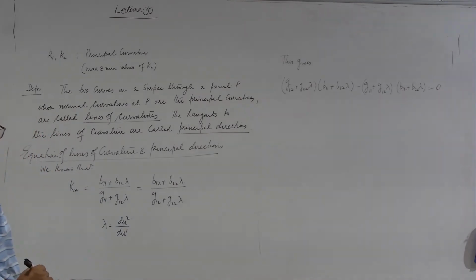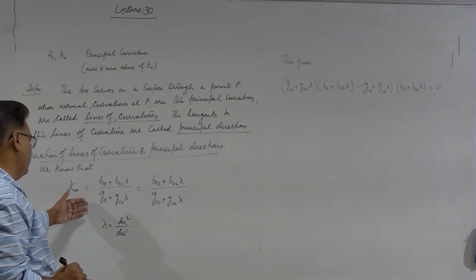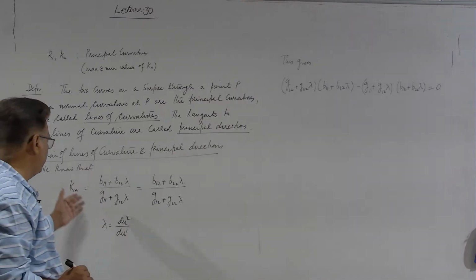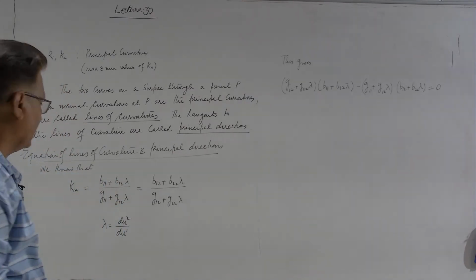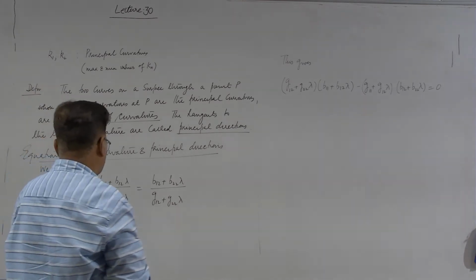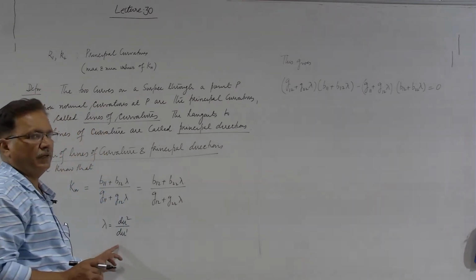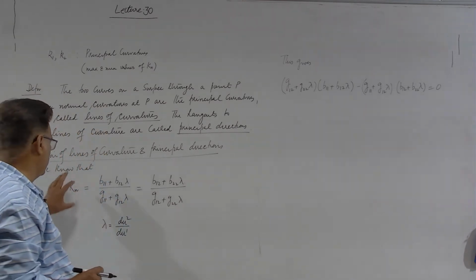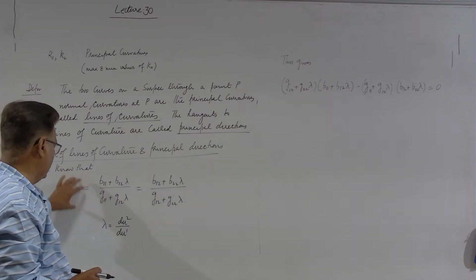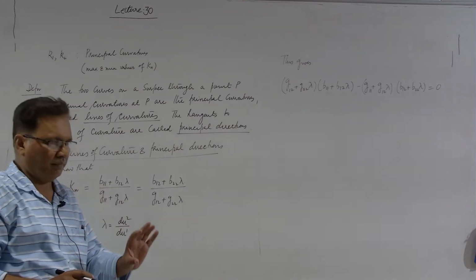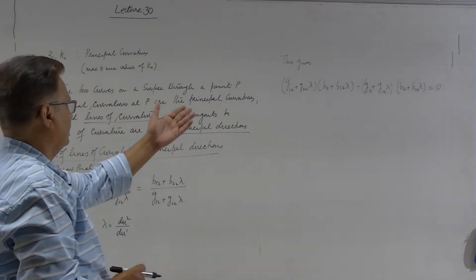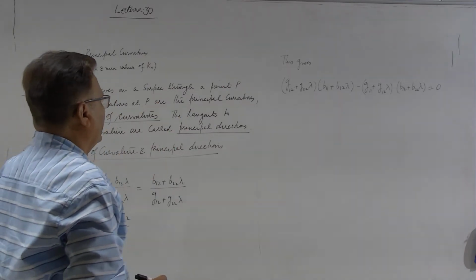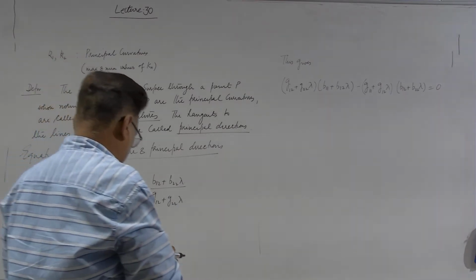And we arrive at this expression when we have assumed that the derivative of Kn with respect to lambda is 0. So, that means this direction is actually the principal direction. If you consider this expression of Kn, then lambda is actually a principal direction. All right. Now, if I simplify it, I will be getting a quadratic equation.